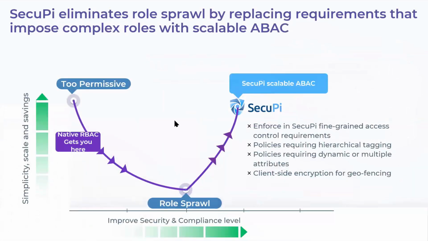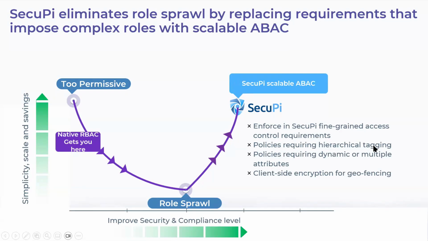So if you go back to the slide we saw before, when we have the problem of too permissive access or role sprawl, when you get SecuPi, you can actually have a very high level of security while still keeping the simplicity and the scale of the environment. How do we do that? We enforce fine-grained access control requirements. We have policies that can use hierarchical tagging.